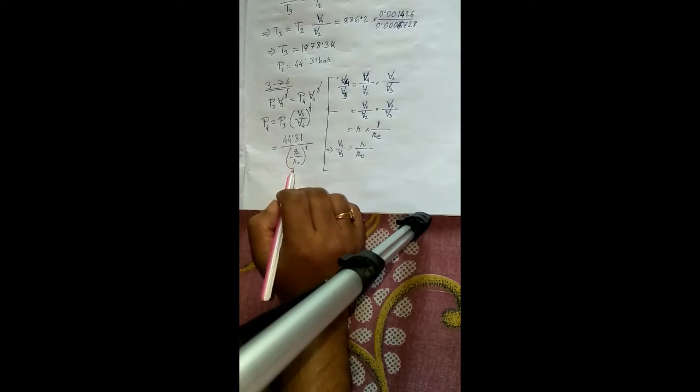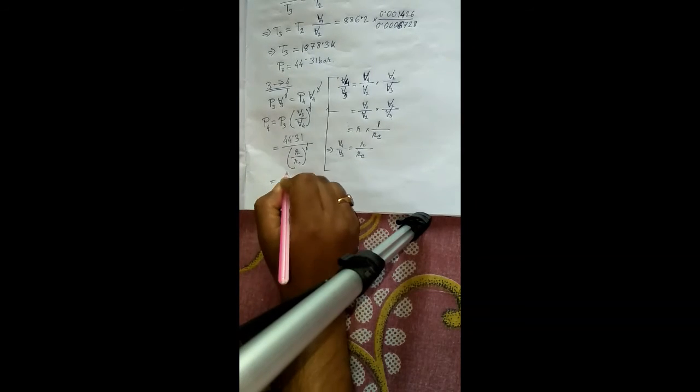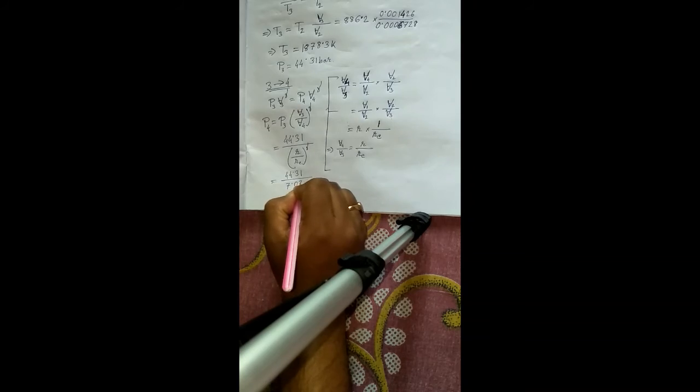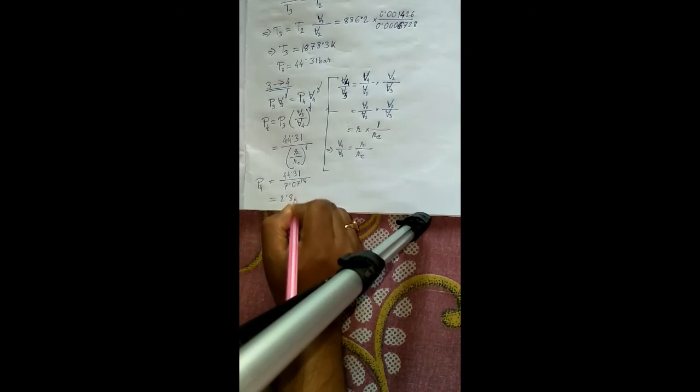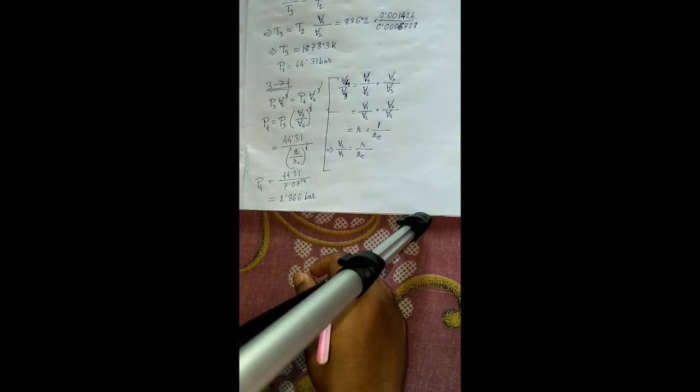So r by rc to the power gamma is actually 7.07 to the power 1.4. This is P4, and the P4 value is 2.866 bar. So P4 value is 2.866 bar.